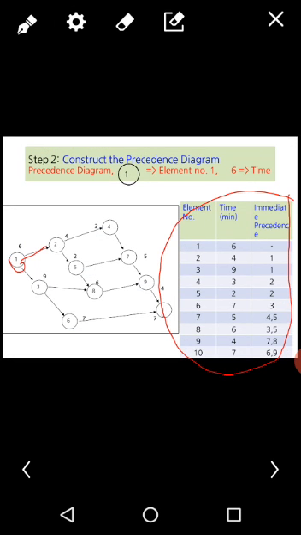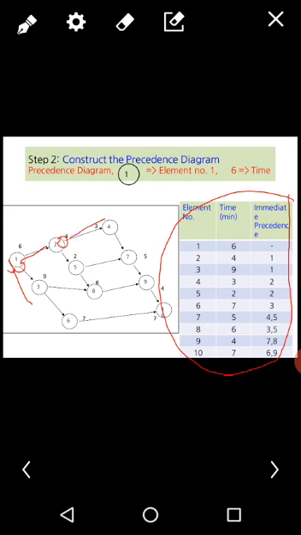So from the first point only we need to draw the third element. Look here, from element 1 to element 3. Got it? For element 4 we have a precedence of 2. So from 2 you should draw a line to 4, that is, from 2 to element 4.